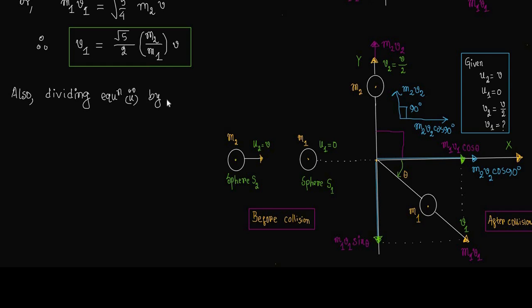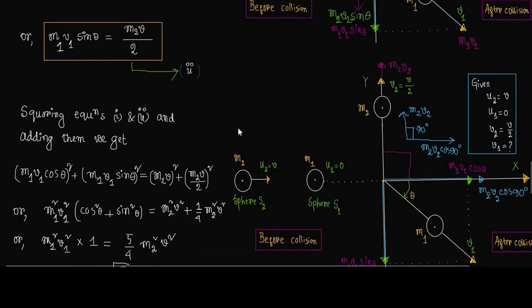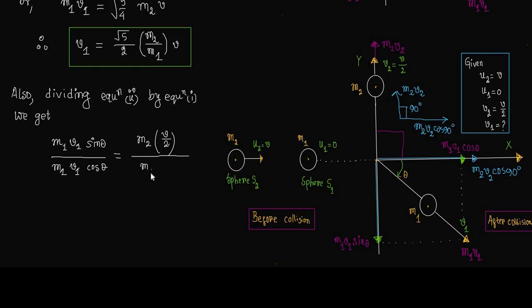Also dividing equation 2 by equation 1, we get m1 v1 sin theta divided by m1 v1 cos theta, which is equal to m2 v by 2 whole divided by m2 v.